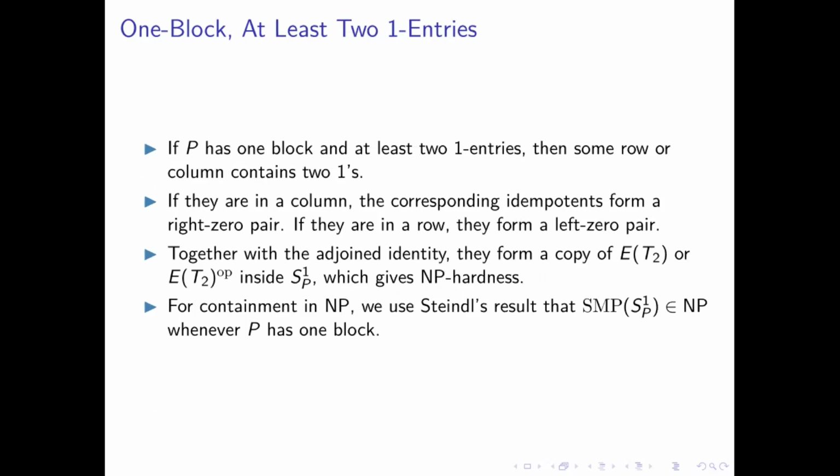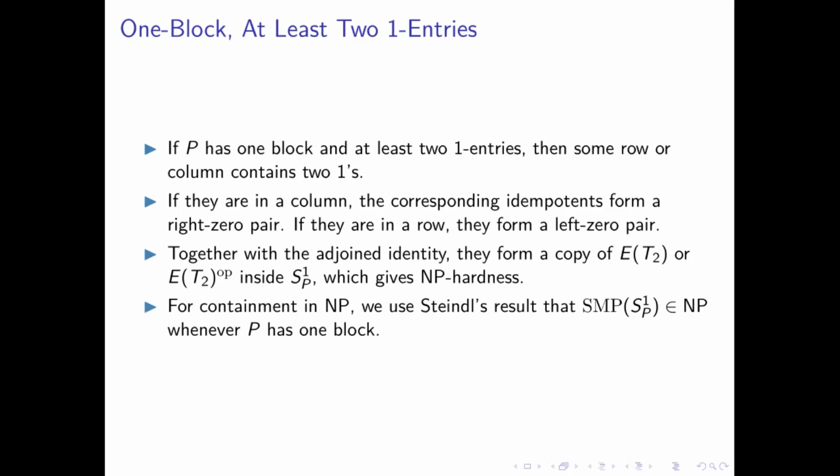Okay, so now the second case is when you have one block and at least two one entries. In this case, it's kind of the same idea. You dig down into the matrix and find a copy of E of T2 or a copy of the opposite semigroup E of T2 inside S sub P to the 1.